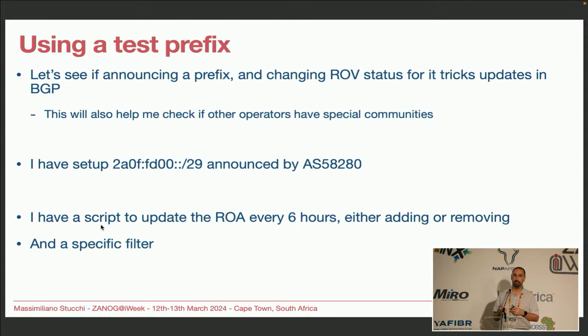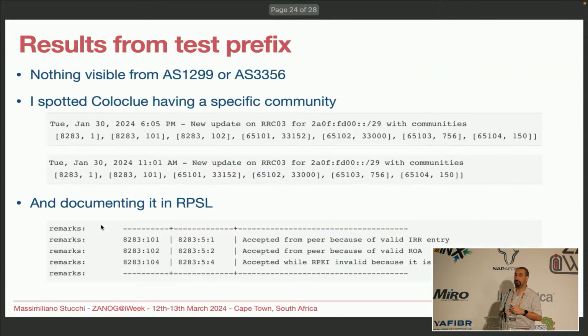So what do I see in there? I did see that there are some more operators than the ones we initially saw that actually do this tagging, and they explicitly tell everyone. I put an example that is Coloclue.